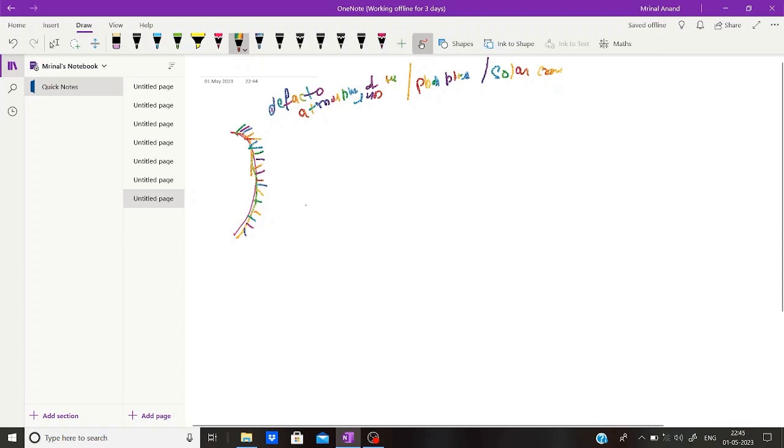From this we already know that our earth is itself a very big magnet. So here this is the north and this will be the south. All the magnetic field will move from this to this.